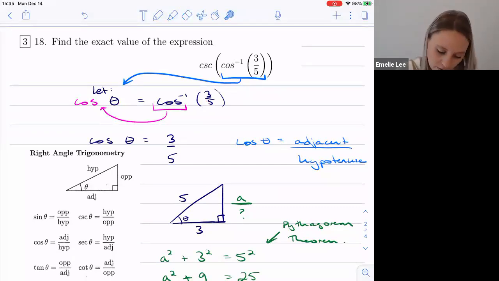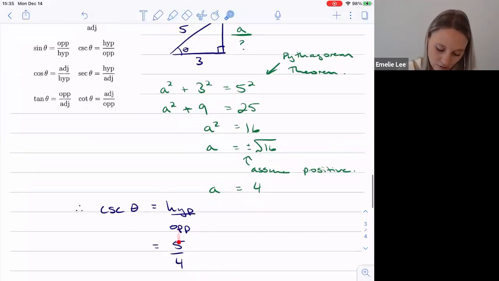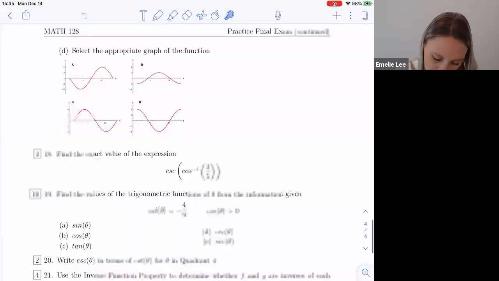Then you can rewrite cosine of theta as 3/5, and then knowing how the cosine of theta behaves, you'll have to solve for the missing side using the Pythagorean theorem, and then you can rearrange the sides to whichever one of these that you need. I'll go grab 19. Oops, wrong page.